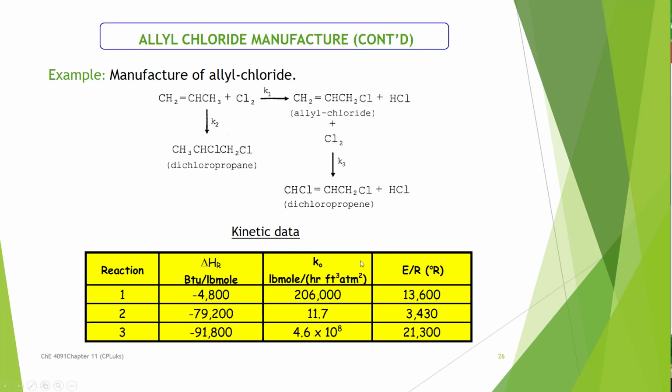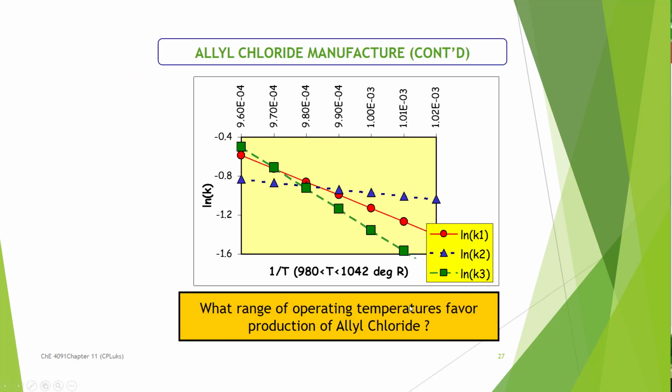If we look at the kinetic data, the heats of reaction, the rates of reaction, and graph these as functions of temperature for the temperature dependence of k, what I see here is that k1 is the largest of the three in a small range.